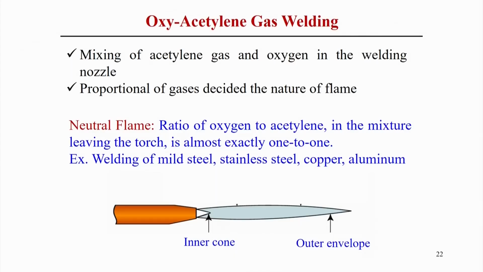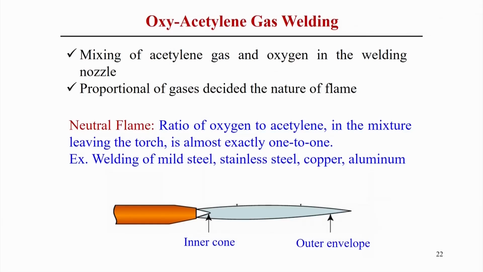First we look into the neutral flame. In this case, oxygen and acetylene are mixed in almost a 1 to 1 ratio. From the figure, the typical flame produces an inner cone and an outer envelope during the welding process.